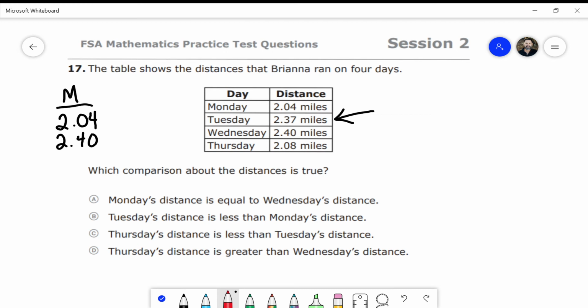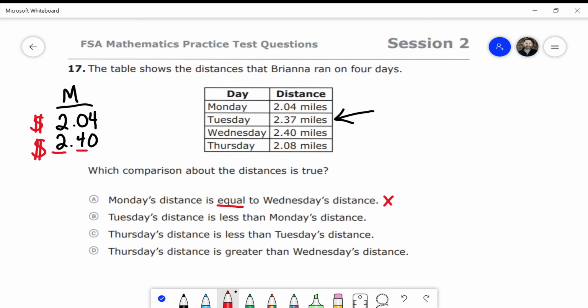So the greatest place value would be right here in the ones. Well, they're the same. And then the tenths, they're not the same. So when it says it's equal, that can't be true because it's not the same. And if you look at it as money, I always like to relate this to money. You got $2.04, $2.40, and that's different, right? One is greater than the other. So they're not equal. So A is not it.